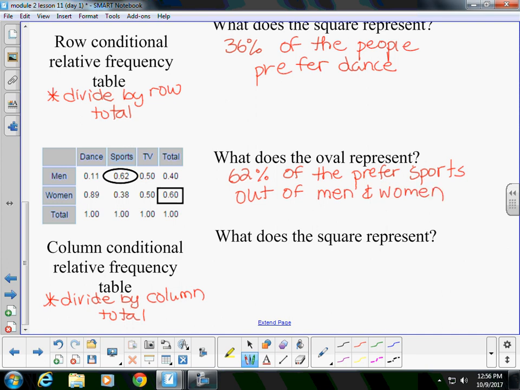Whereas our square here is 60% of the people. This one's still being divided by the bottom here, so it's 60% of the people are women.